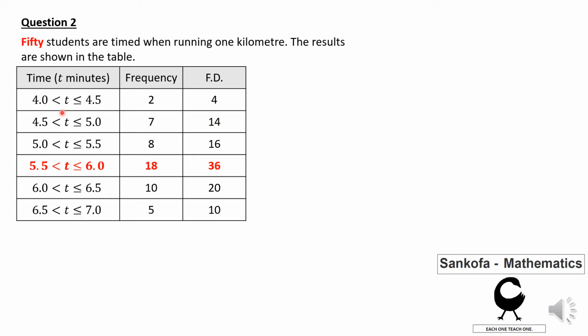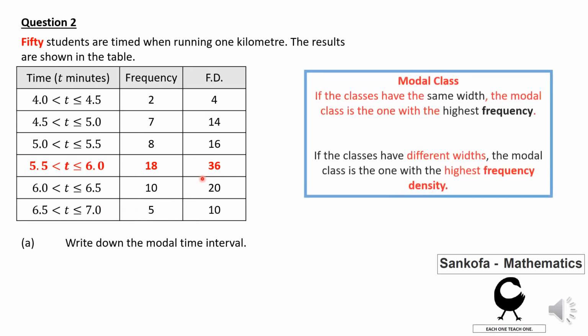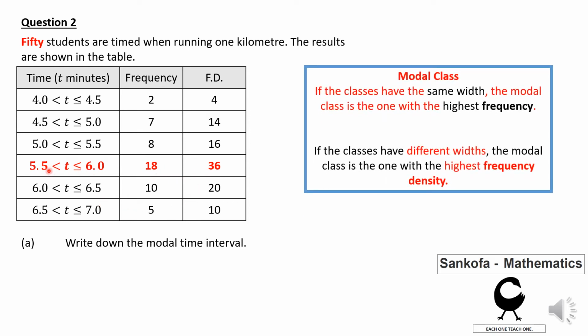All right, if you have a look here, you will see that the class intervals for all of them are exactly the same. So because the class intervals are the same, the widths of the bars will be the same, and the highest bar will be this one between 5.5 and 6. However, what you must realize is that when you are dealing with different widths, the modal class is the one with the highest frequency density.